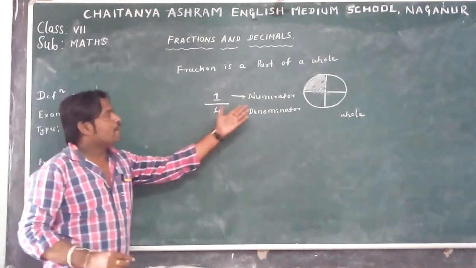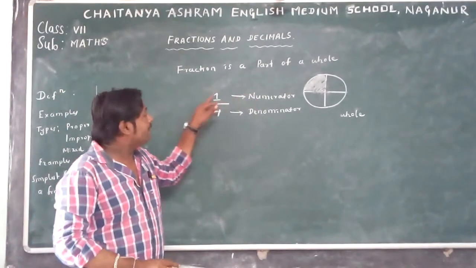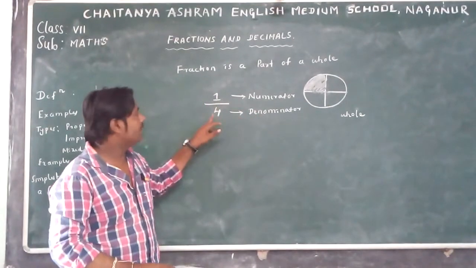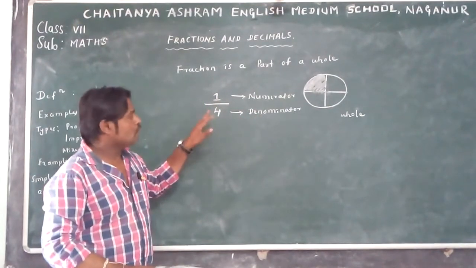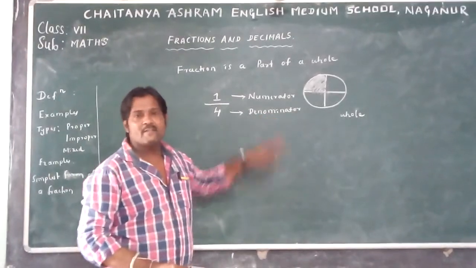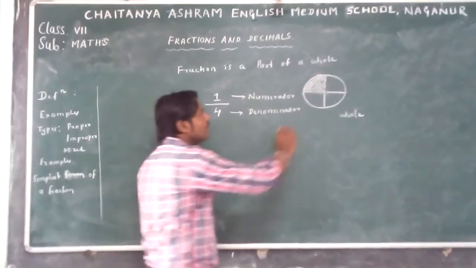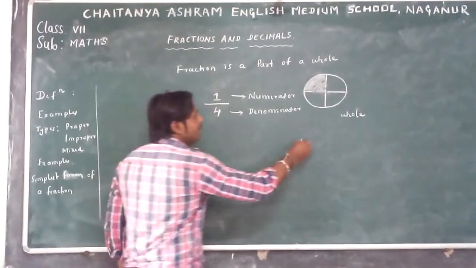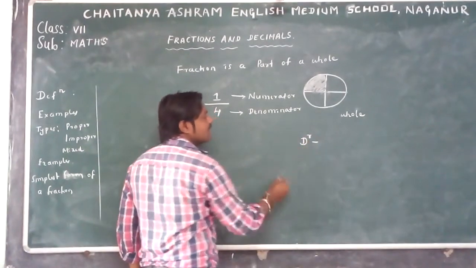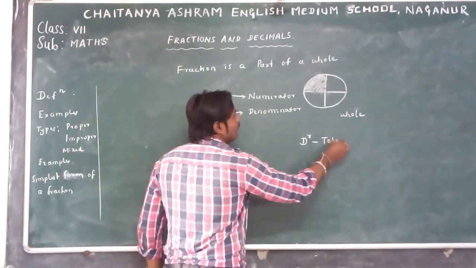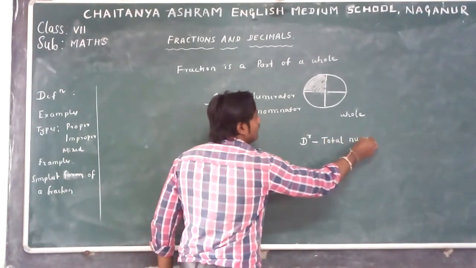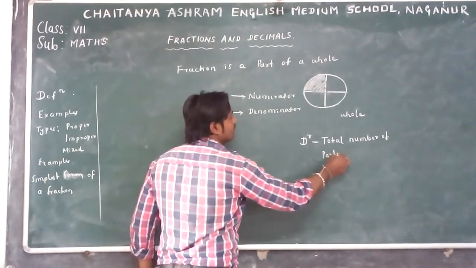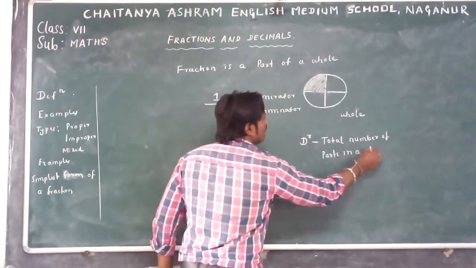So what does the numerator represent? What does the denominator represent? The denominator represents the total number of parts in a whole.